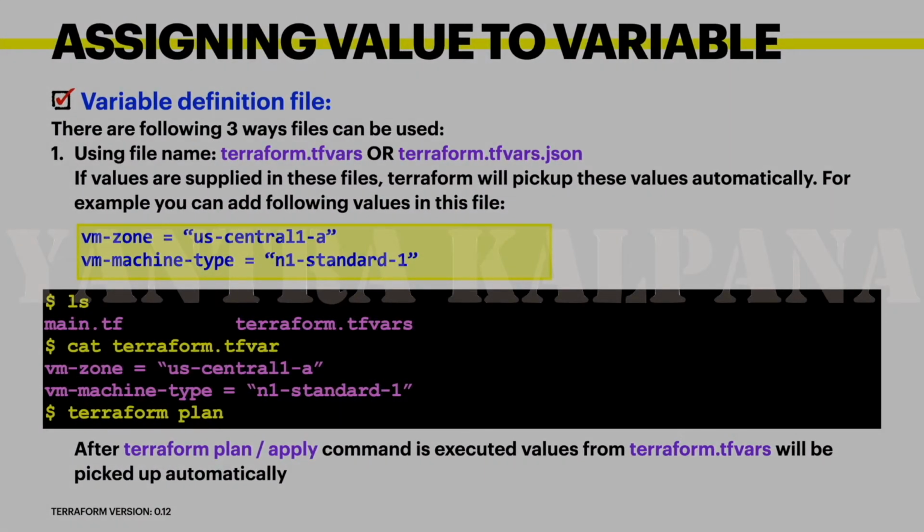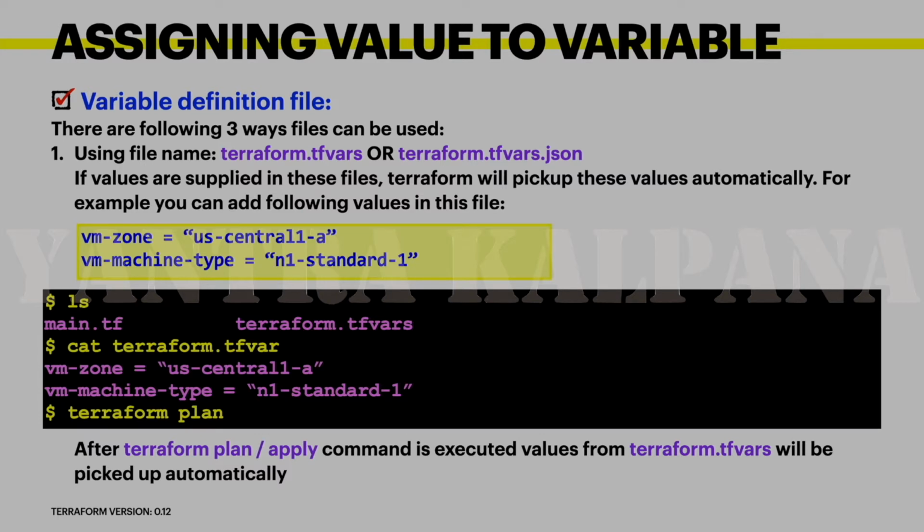Next is variable definition files. With variable definition files, there are three ways you can define the values inside the file. The first one is using the file name terraform.tfvars or terraform.tfvars.json. terraform.tfvars.json is in JSON format, and terraform.tfvars is in HCL format, which is HashiCorp Configuration Language.